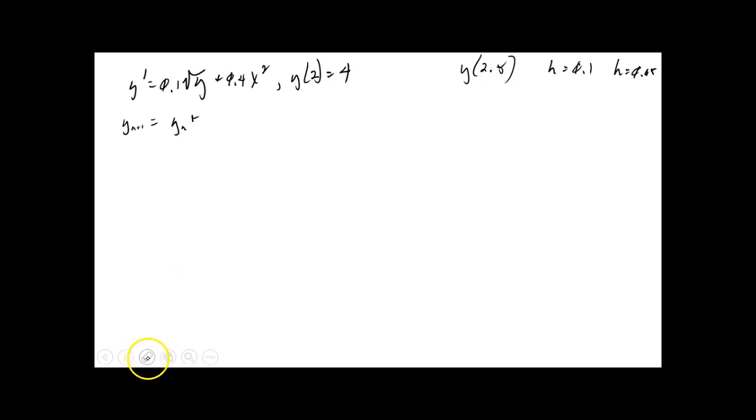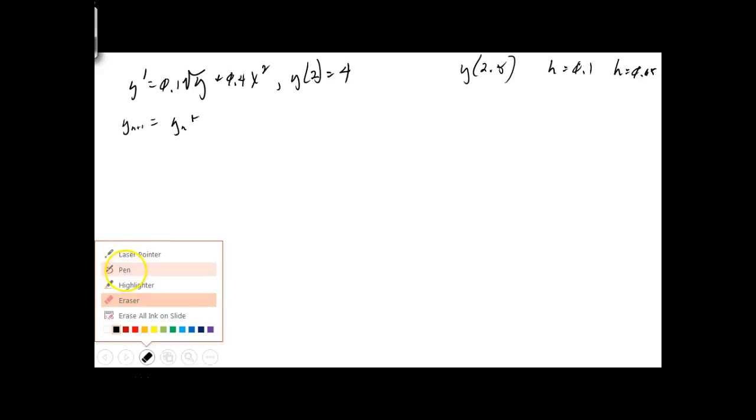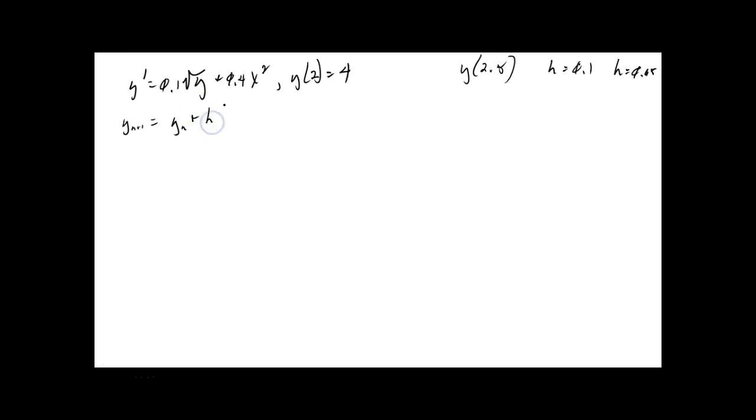I'm starting to plug in, but I haven't yet. Just set it up for you. h times your slope, which is going to be this value here, 0.1 times the square root of y sub n plus 0.4 x sub n squared. Okay?